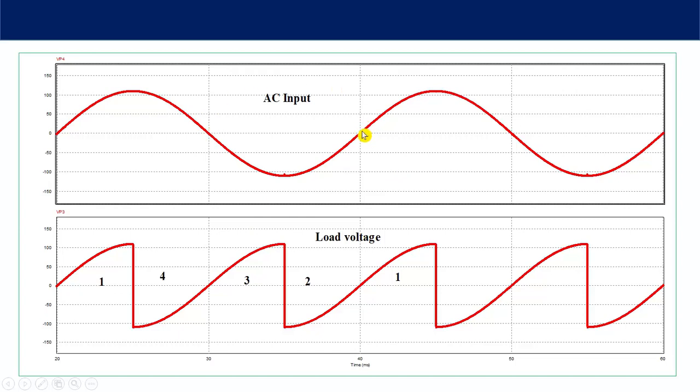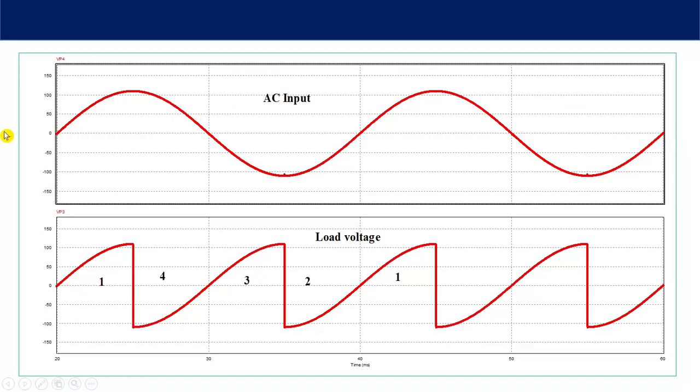So you will get one complete cycle of output voltage, and the output frequency is 25 Hz.